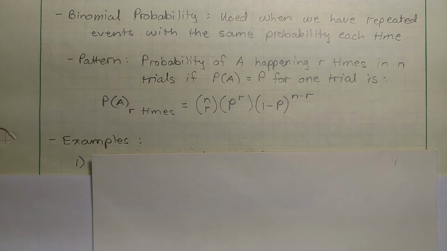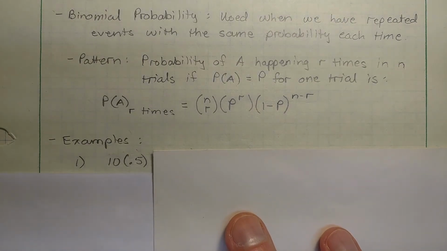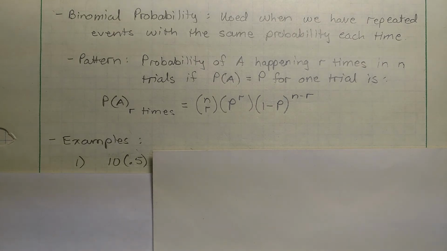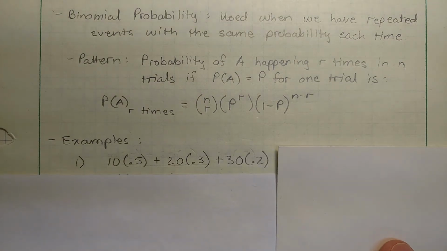So what I have to do to find the expected value is find the total, the average basically, of all the possible outcomes. The probability of getting a 10 is 0.5, so I multiply that, and then I add to that the probability of getting a 20, which is 0.3, and then the probability of getting a 30, which is 0.2. So I'm averaging them together.